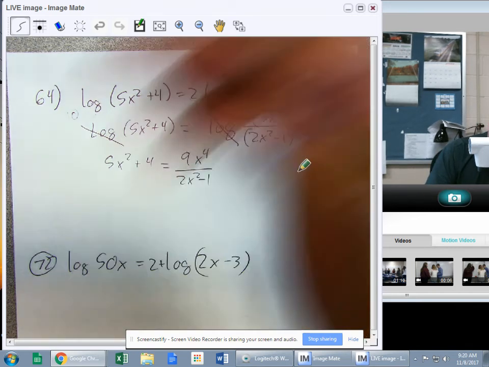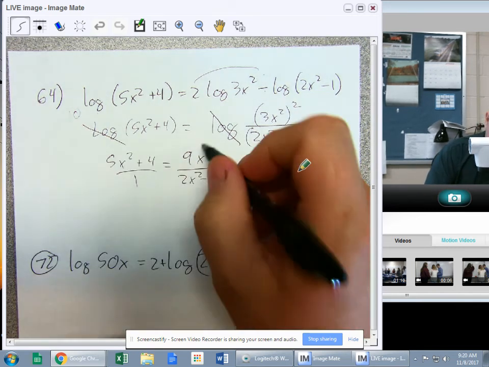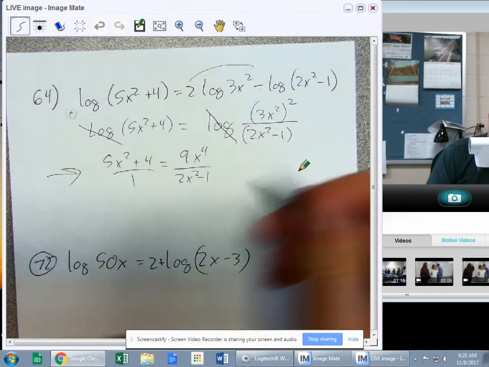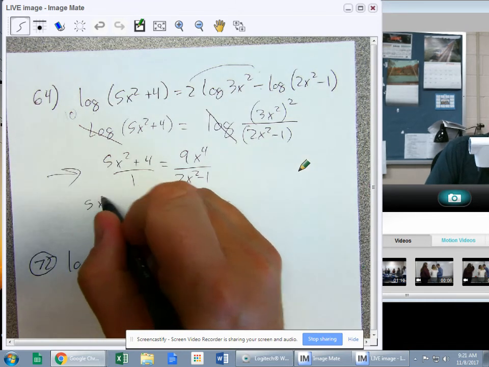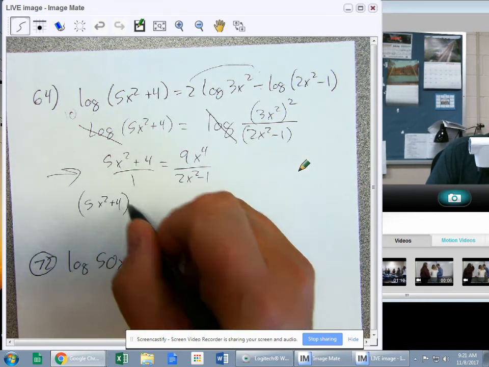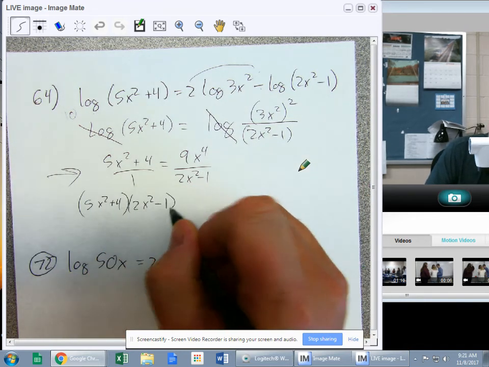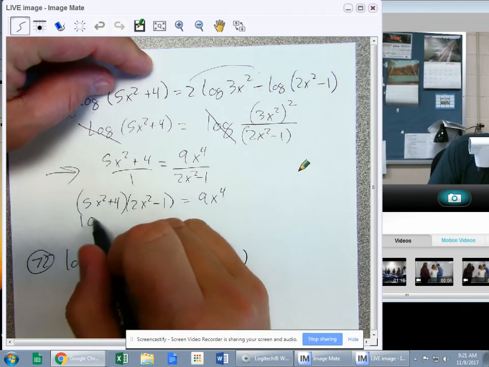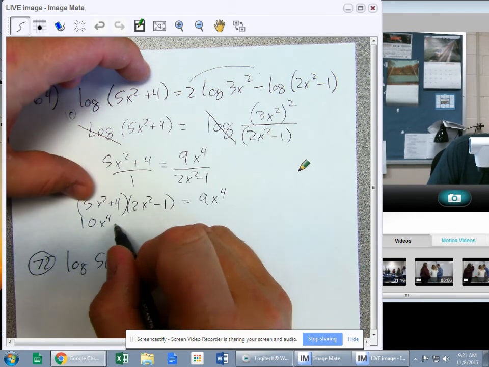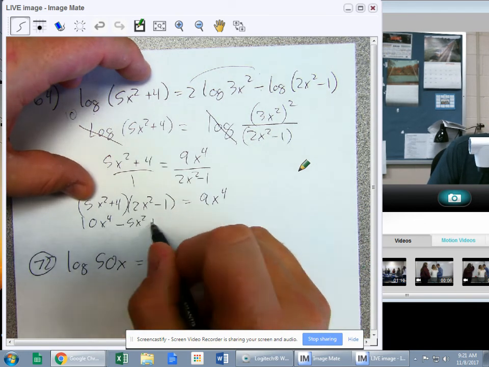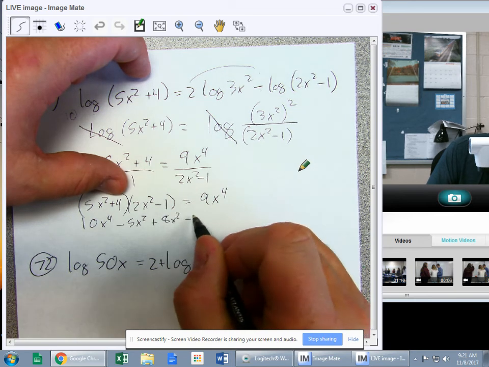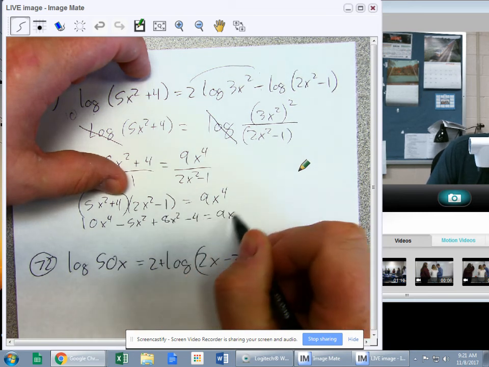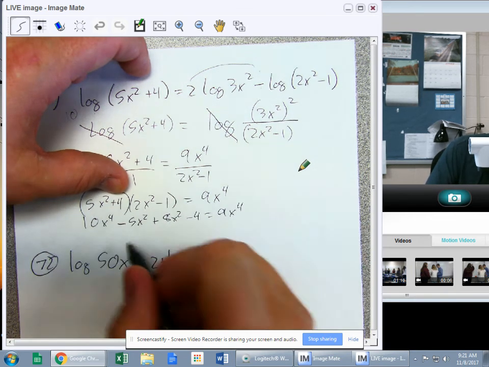At this point, I can cross multiply because, again, algebra 1, algebra 2. 5x squared plus 4, 2x squared minus 1 equals 9x to the 4th. You get 10x to the 4th minus 5x squared plus 8x squared minus 4 equals 9x to the 4th. Move this over to here.